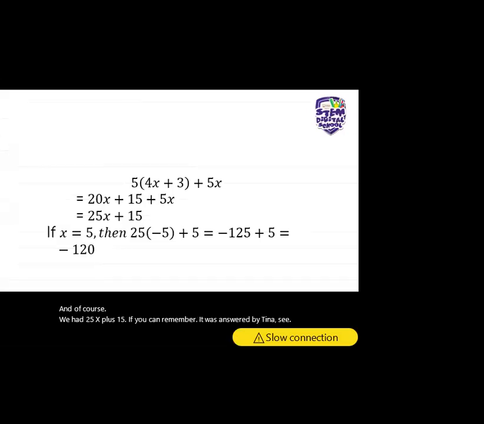So if x is -5, then you multiply 25 by -5, and then of course you add 15. So x is equal to -5. Then 25 times -5, and then, of course, you add 15 to get -110.